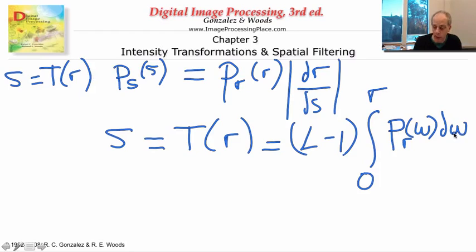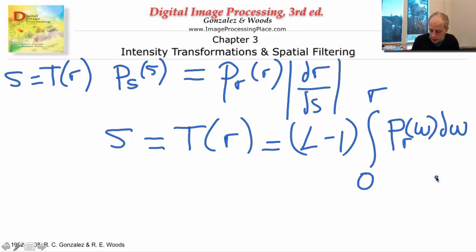p_r(w) dw. So what am I doing here? I'm basically integrating the mass, the number of pixels that achieve a given gray value from 0 to R. And then I'm doing this because I'm using probability functions, so I'm normalized between 0 and 1, and I want to get back gray values.